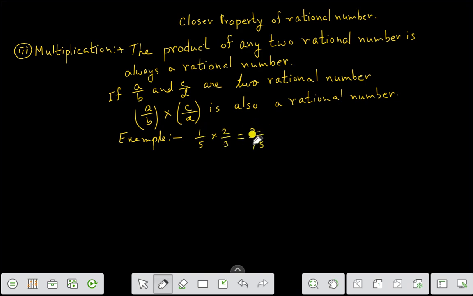You see, after multiplying, we are also getting a rational number. Right? That means the product of any two rational numbers is always a rational number.